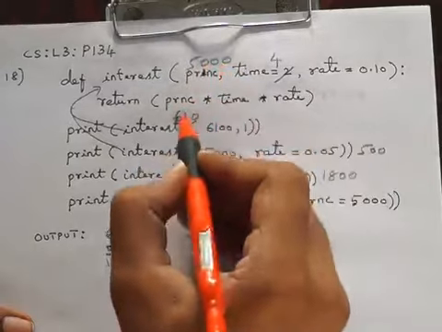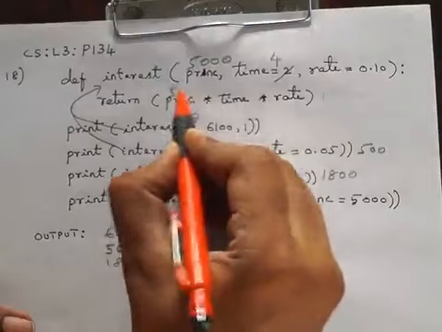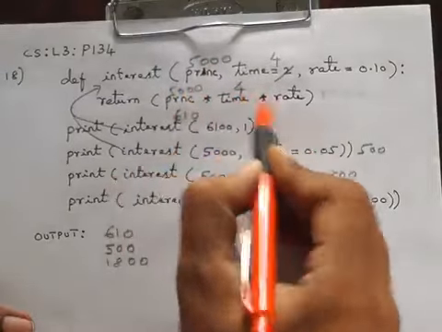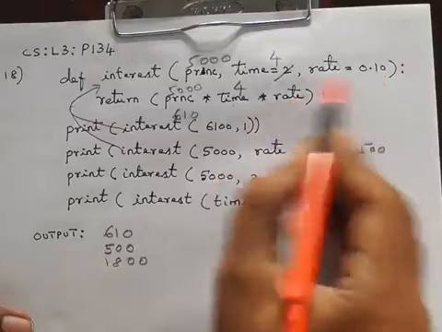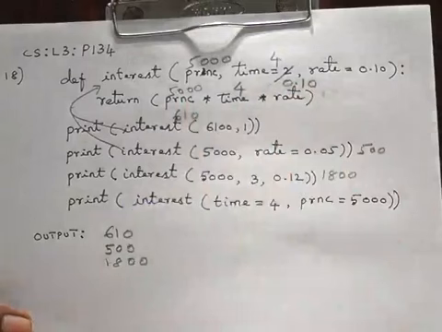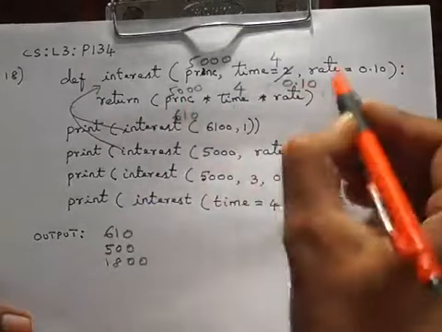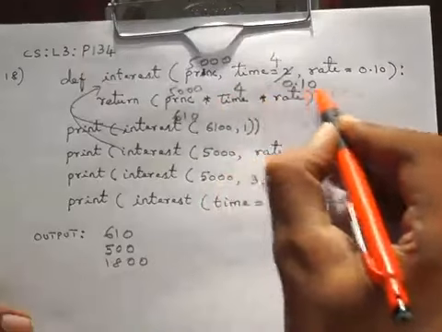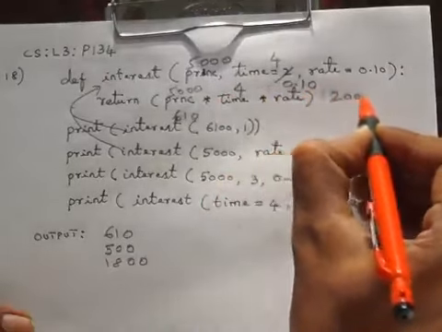So in the next one, what would be executed? 5000. What is the value of time? 4. What is the value of rate? 0.10. All these three things will be calculated. Finally it returns. So 5000 into 4 into 0.10, the answer is 2000.